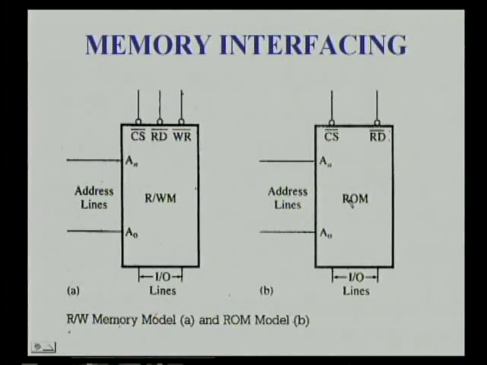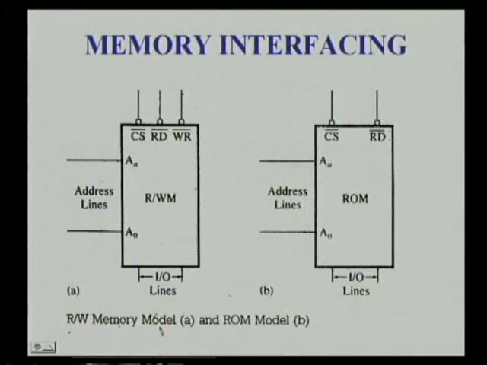Now let us take one example for memory interfacing. We start by studying one memory model. Here we can see the model for read write memory and read only memory. This is a memory chip.